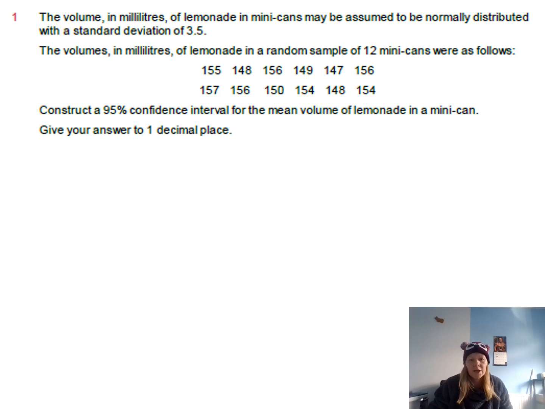You've got to construct a 95% confidence interval for the mean volume of lemonade in a mini can. Give your answers to 1 decimal place. So please pause the video and have a go.